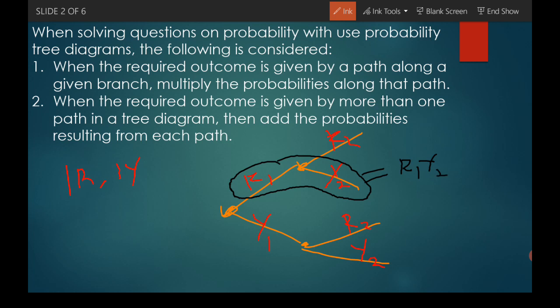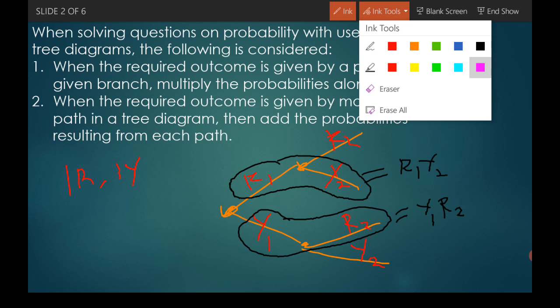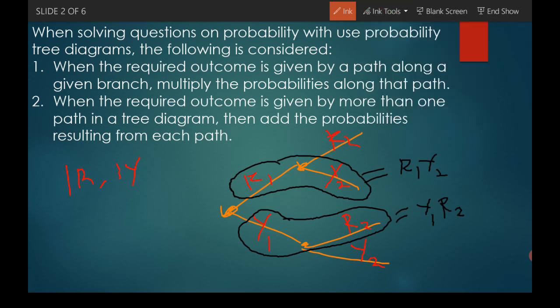Likewise, you can also get the yellow first and then the red on the second picking, meaning that the probability here will be the probability of picking a yellow first times the probability of picking a red on the second picking. So once you have got those two, then the probability of picking one red and one yellow in any order, we always add these two.